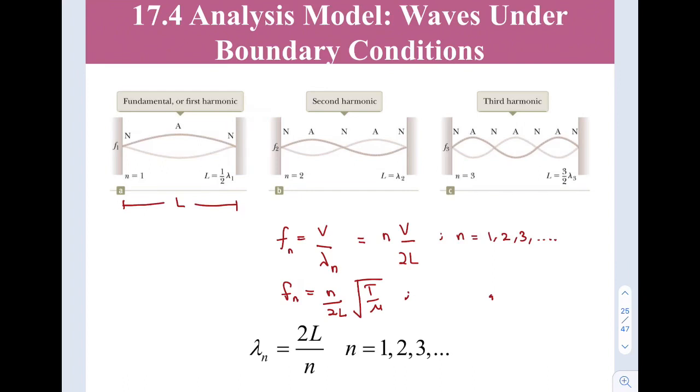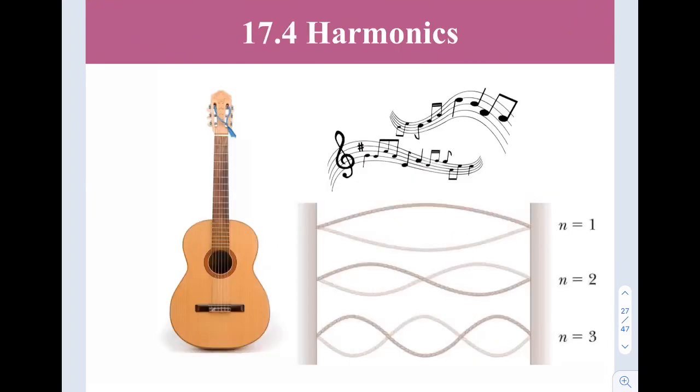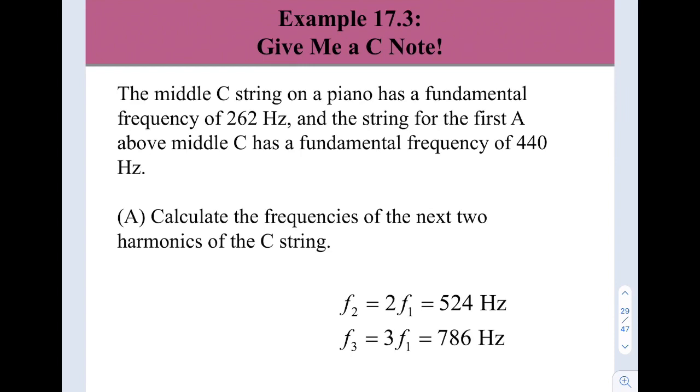And another thing, f n is always equivalent to n times f 1, the fundamental frequency or first harmonic. For a guitar, different harmonics or different frequencies are produced by shortening the length of the string by pressing the fret here. Example 17.3.